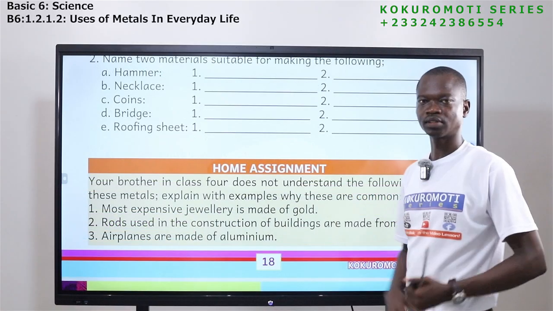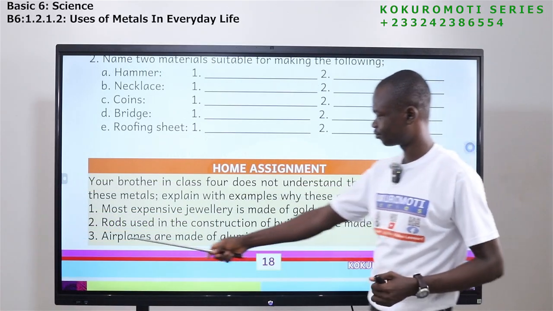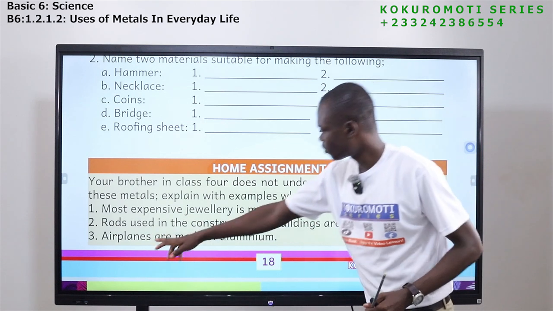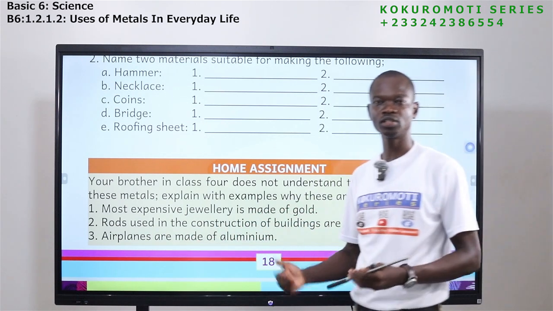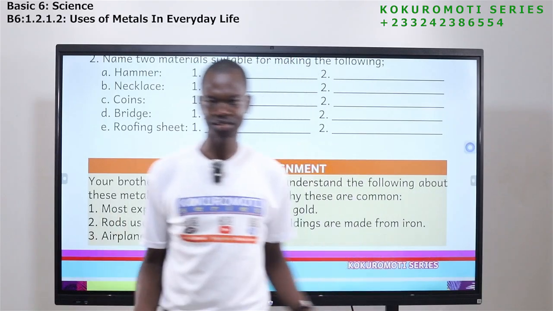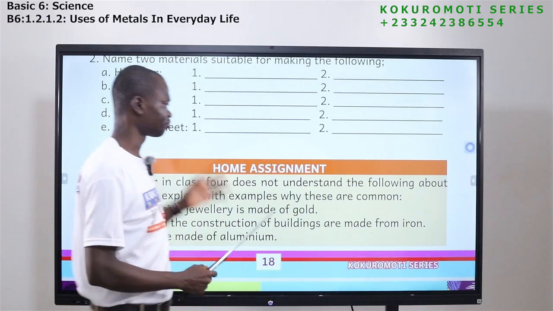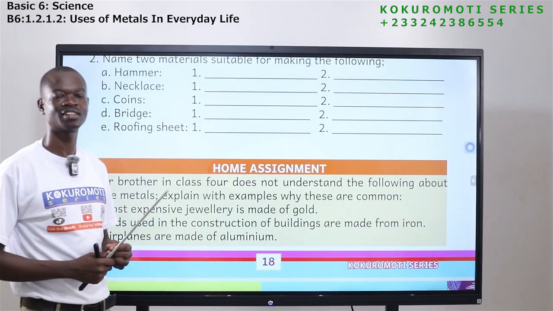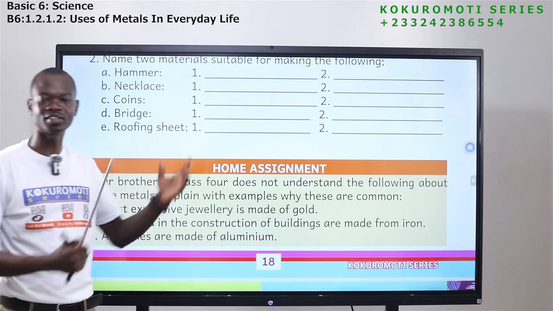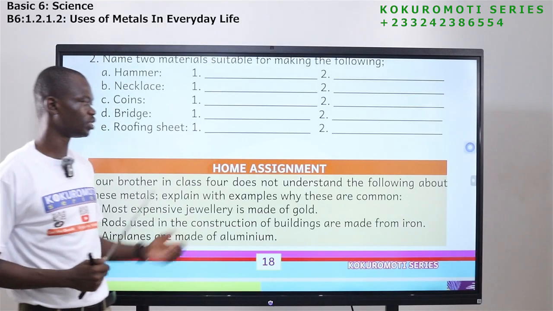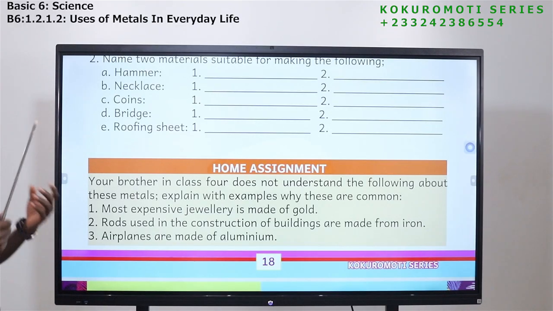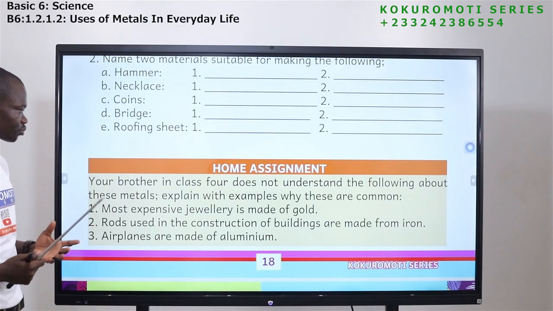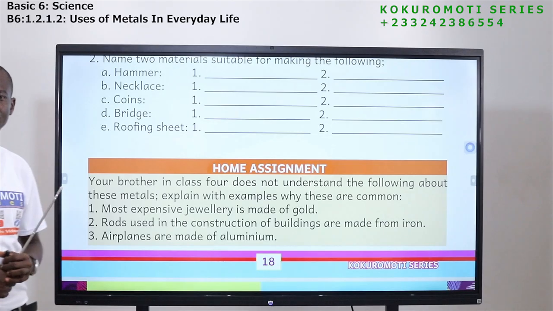The last thing here, number 3. Airplanes are made of aluminum. So why do we use aluminum to build airplanes? So these are practical questions, application questions, based on the things that we have learned. You should be able to explain this to your brother or to anyone who asks you about this.